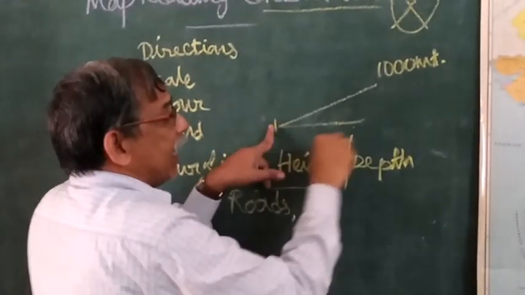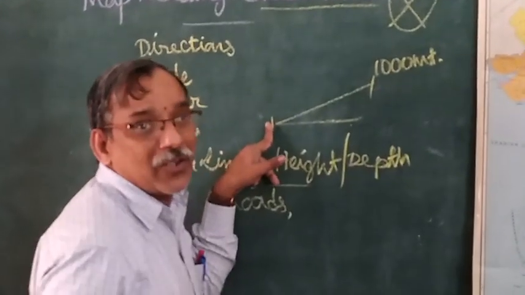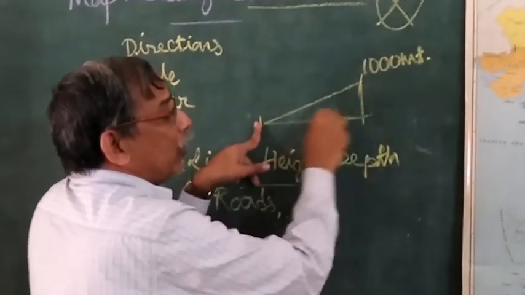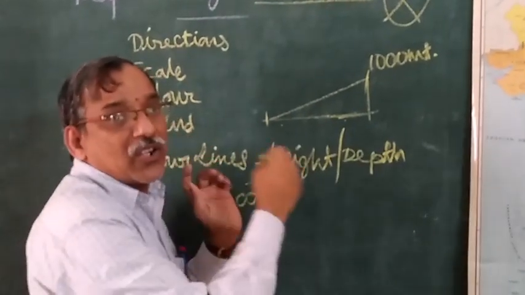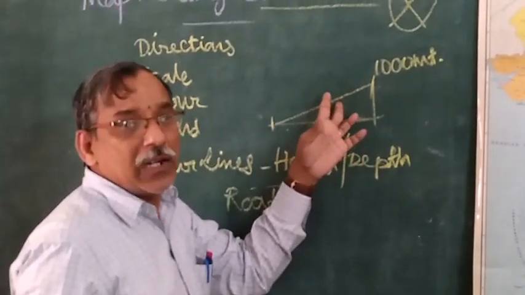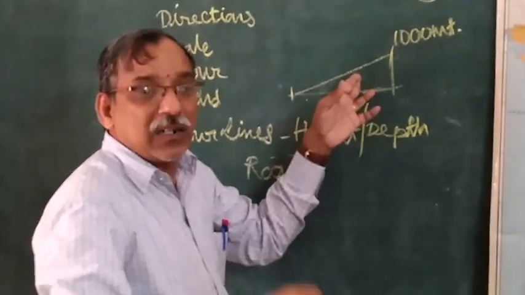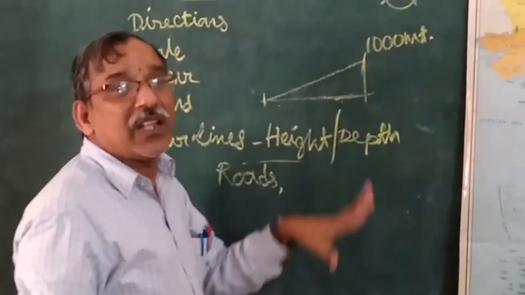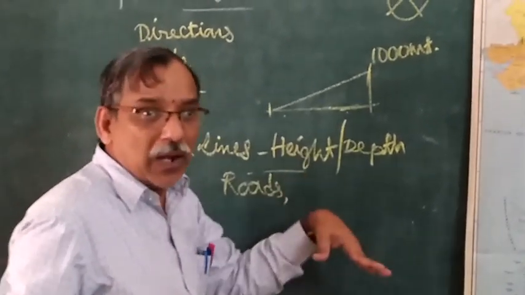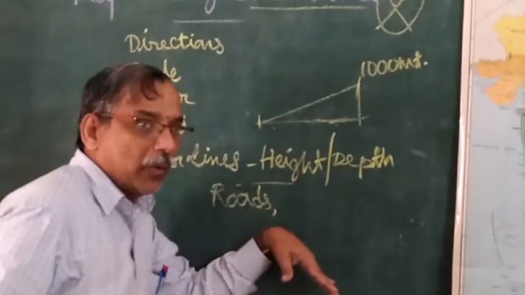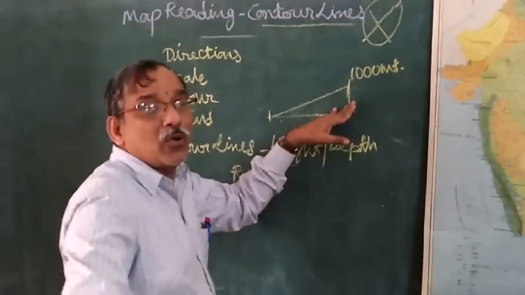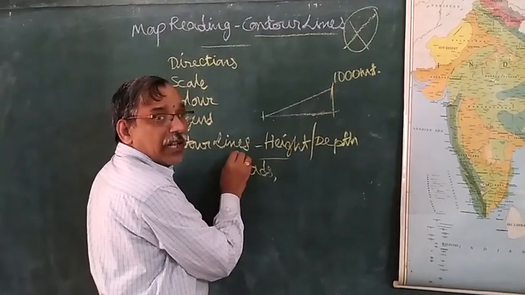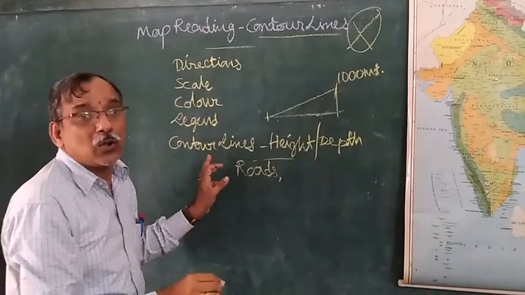For example, how much height this area has, how much that area has. Basing upon that, according to the angle, they construct, that is called gradient. Even for laying railway lines on plain areas, they have to observe where the slope is, where the height is, where they have to level, and how much depth they have to dig for leveling that area. All these things are done with contour lines.